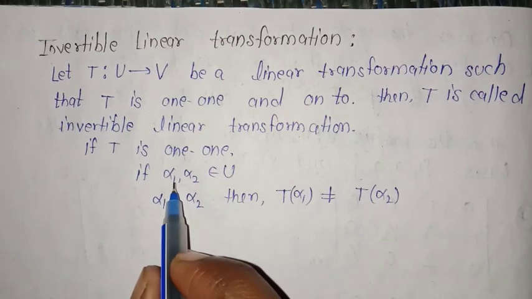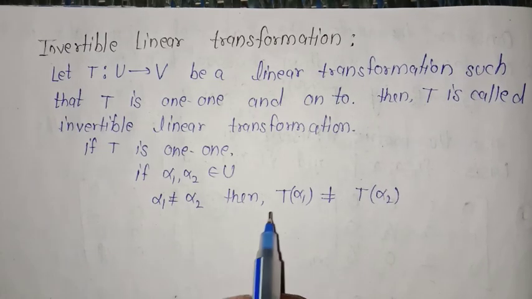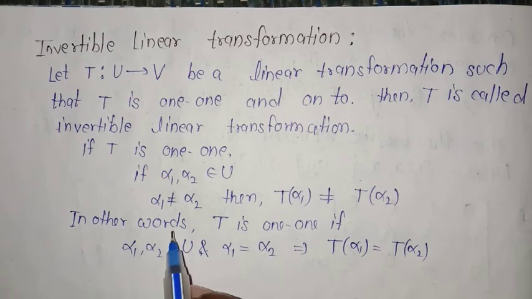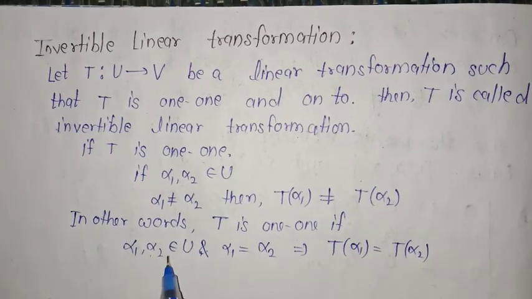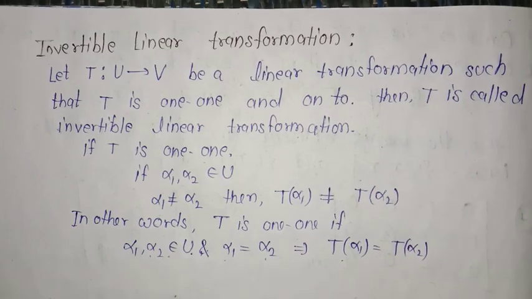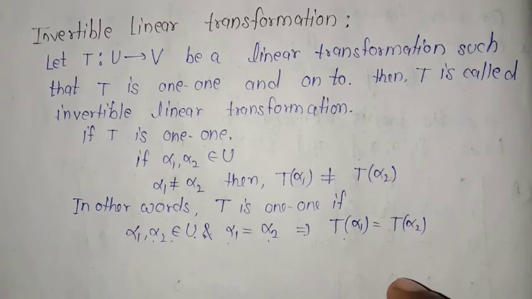Or if you have two elements alpha 1 and alpha 2 such that alpha 1 is equal to alpha 2, then their images must be the same. So in other words, T is 1-1 if alpha 1, alpha 2 belong to U and alpha 1 equals alpha 2 implies T of alpha 1 equals T of alpha 2. So this was the definition of a 1-1 transformation.